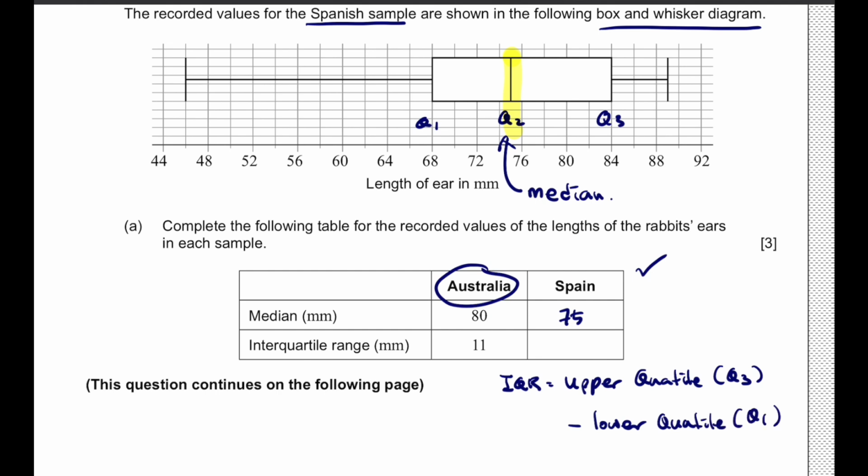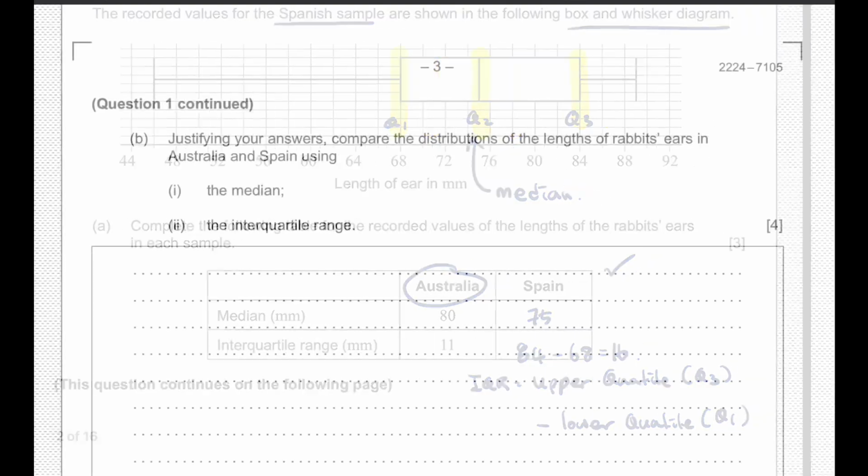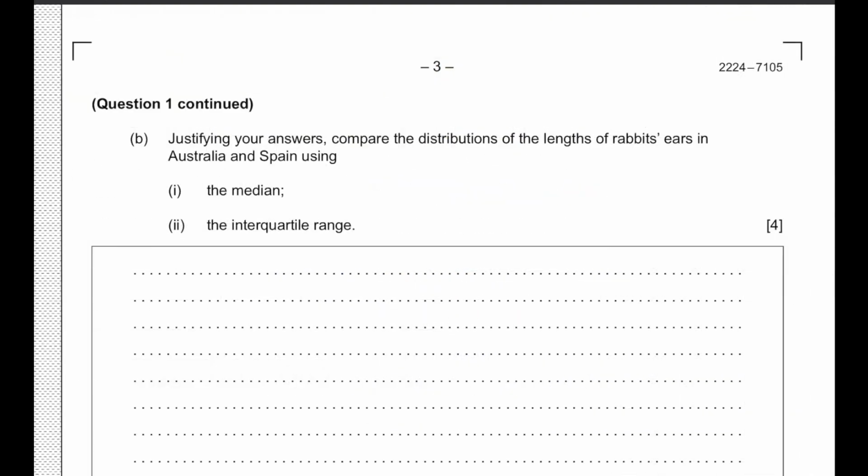So we can do 84 minus 68, right? We got these values from this diagram here. So we got the interquartile range as 16. Okay, then let's try question B.